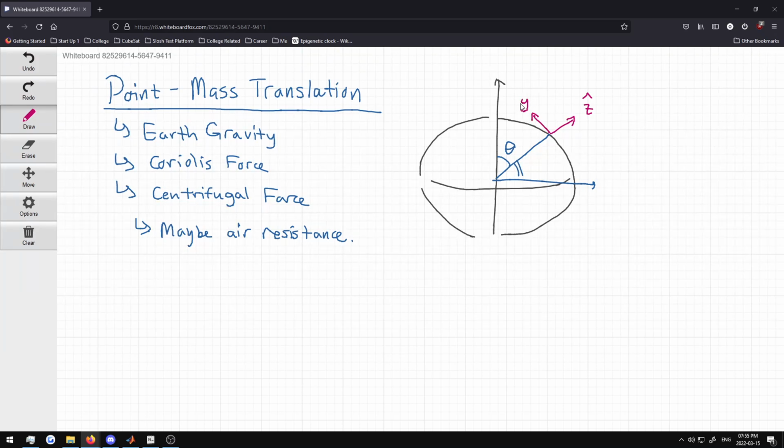We'll have y going this way, and then, following a right-handed rule, x would be going into the page. So in this specific coordinate frame, x hat would be in the east direction, y hat would be north, and z hat would be straight up from our origin.